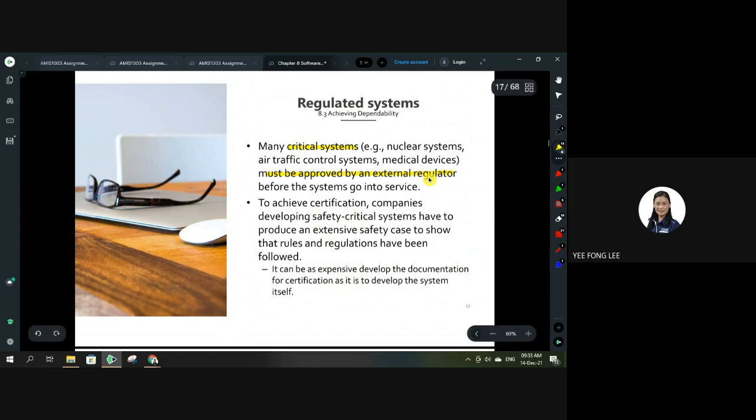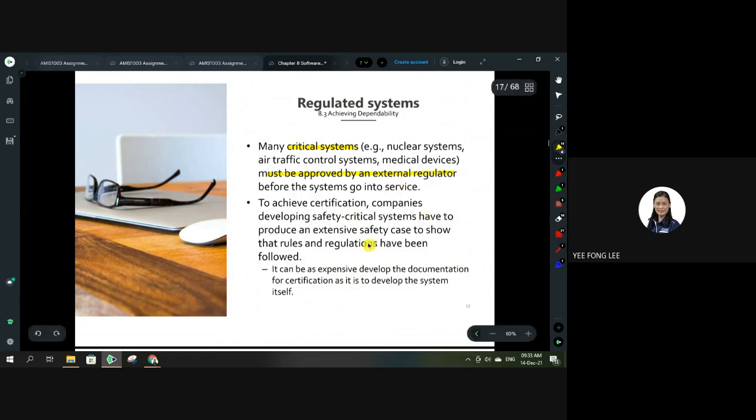They ensure that companies offering or producing a system comply with the rules and standards. They can fine companies or even imprison the directors of the company if the regulations are breached. Okay, they have this authority.